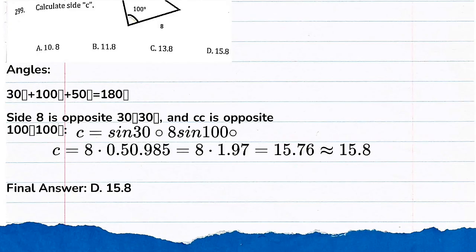Therefore, C is equal to 8 sine 100 degrees over sine 30 degrees. C is equal to 8 times 0.985 over 0.5 equals 1.97. So 8 times 1.97 is equal to 15.76. Therefore, the answer is approximately 15.8.